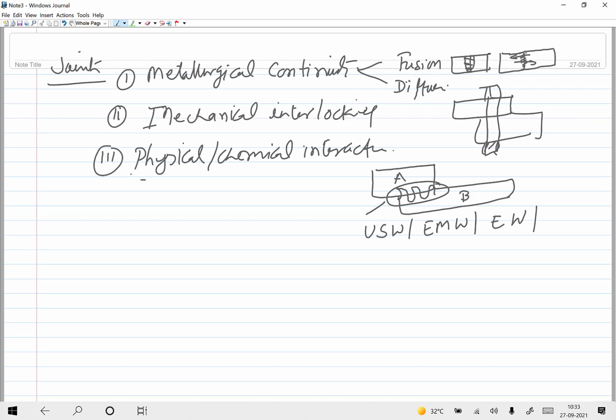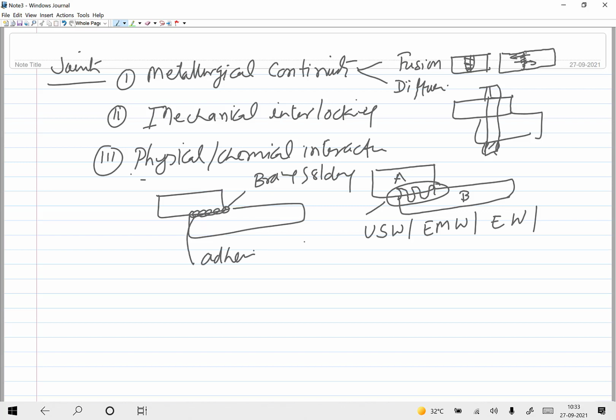You take the two components and between them you put something, like the brazing material in brazing or soldering processes, or some kind of adhesive material like epoxies, resins, hardeners, Fevicol, M-Seal.